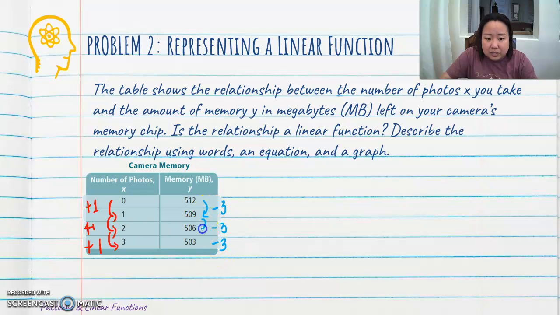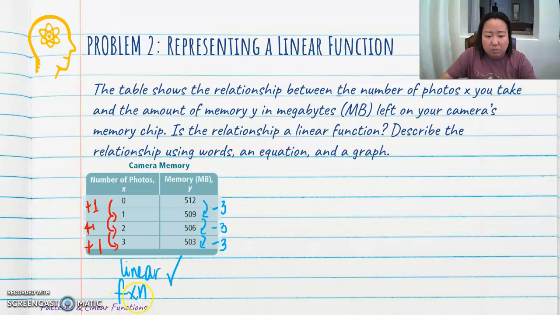So because there is a consistent increase on your x values, on your independent variable, there's also a consistent decrease on your memory, on your y value here, then because of this pattern that we observe, then we know that this is going to be a linear function.